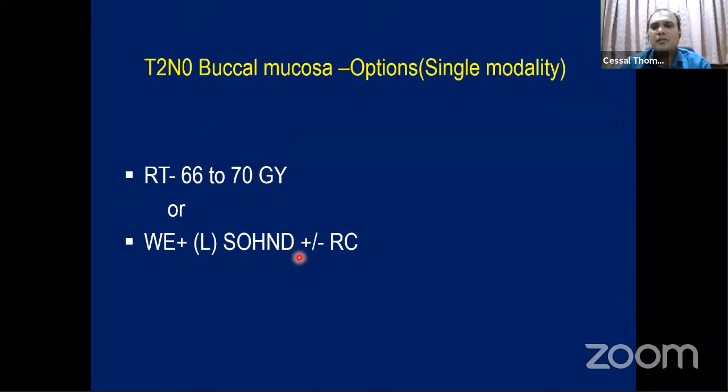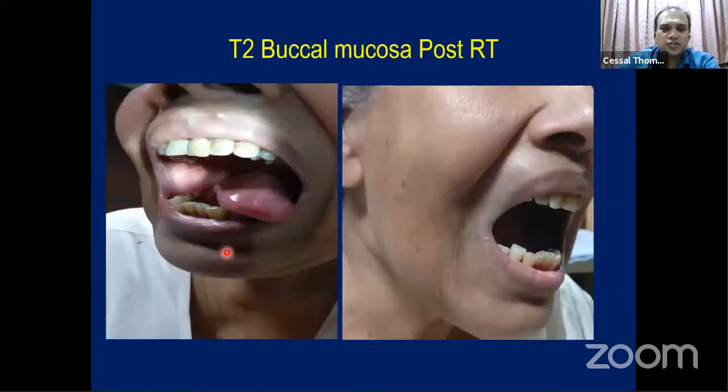In Kerala, we come across mainly the ulceroproliferative disease, mainly because of the arecanut and betel nut. Most of them are proliferative tumors. So that is one of the reasons we prefer to give radiation for these patients. And so this patient should be offered both options, and the patient should decide whether to undergo radiotherapy or surgery. So that is T2 buccal mucosa.